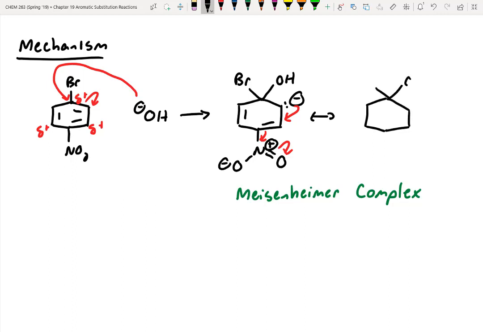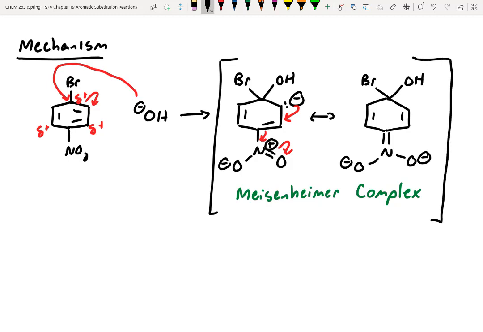There are other resonance structures as well; however, this is the main one. Just like with the sigma complex, we're breaking aromaticity, but it's resonance stabilized when we break that aromaticity. So now the question is, how are we going to jettison off that bromine?